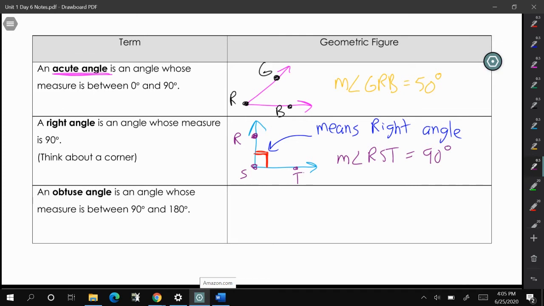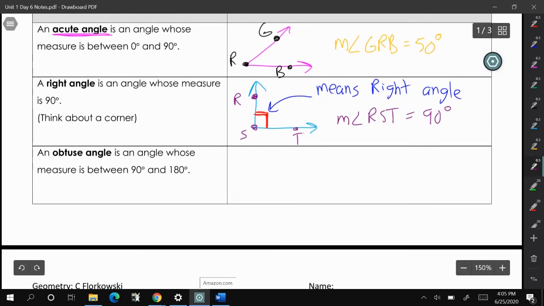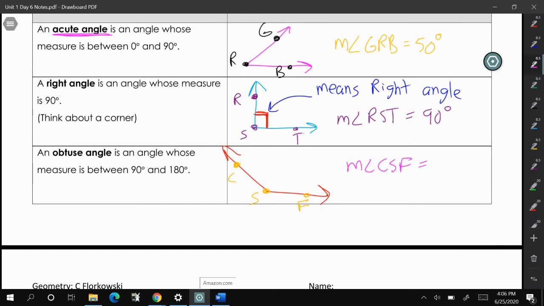And then an obtuse angle is an angle that's between 90 and 180 degrees. So an angle like this, let me see, C, S, F. So the measure of angle CSF, clearly this is open more than 100 or more than 90 degrees.